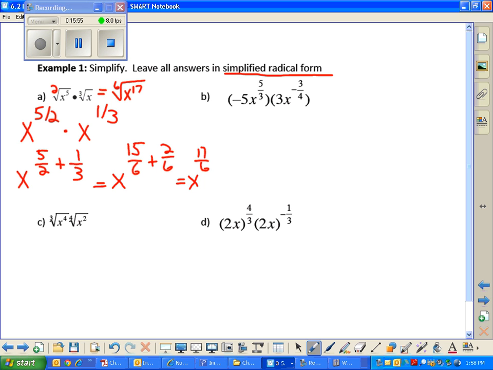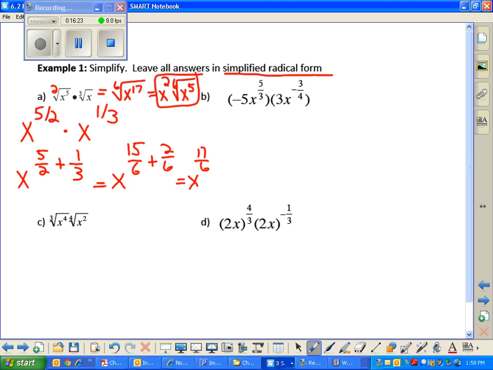Alec? Yeah, very good. So 17 divided by 6, or 6 goes into 17 how many times? Yep. And? Yes. So that's the answer as a simplified radical.